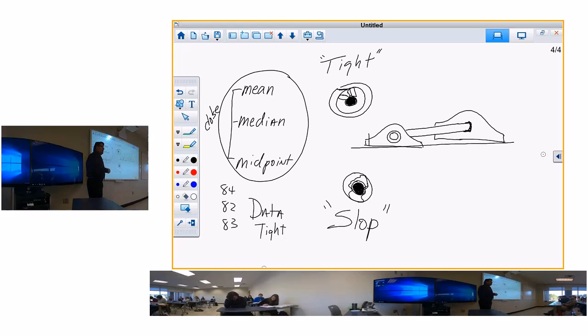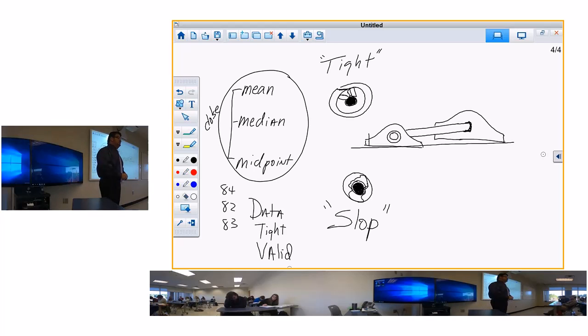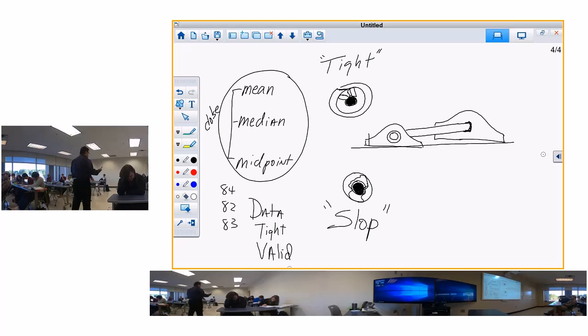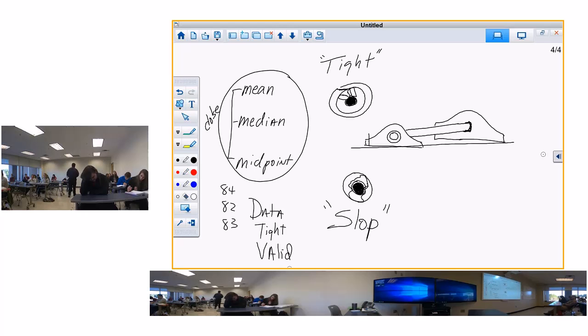Now, another word for tight in mathematics is valid. Now, what if I have 3 numbers, mean, median, and midpoint, and the mean is 47, the median is, well, it won't be 82, the median is 36, and the midpoint is 50.